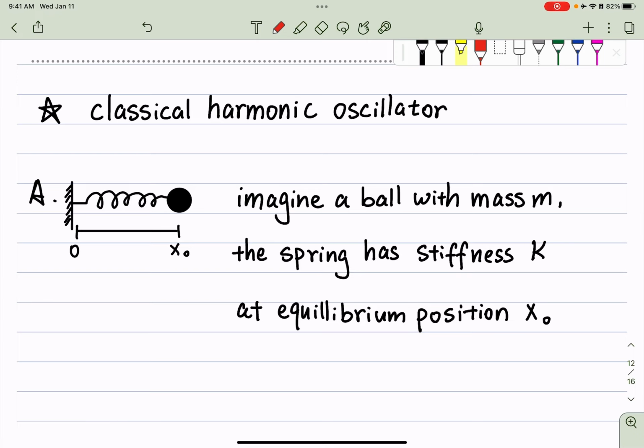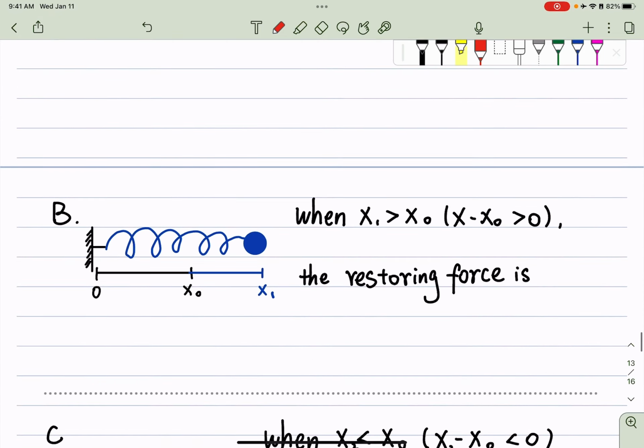Now you can imagine two different things taking place. One of them is that we're stretching the spring, making it longer. Move this ball from x0 to x1, where x1 is larger than x0, or in other words, x1 minus x0 is a positive number. So what is the restoring force for that hypothetical spring?